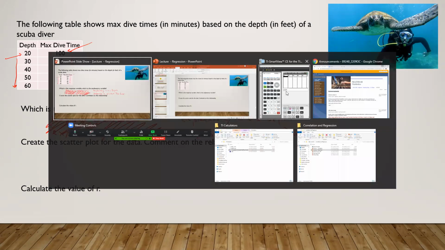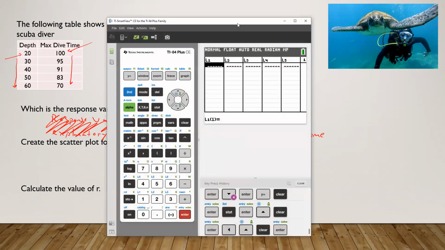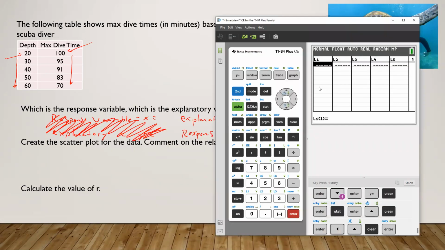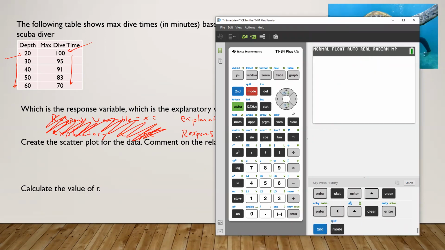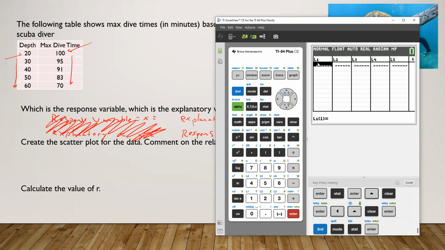So grab your calculator and we're going to plug the data back in. If you're on the main screen, you're going to hit stat and under number one, you're going to edit the list. And remember, L1 always gets your explanatory variable, which is going to be your depths here.